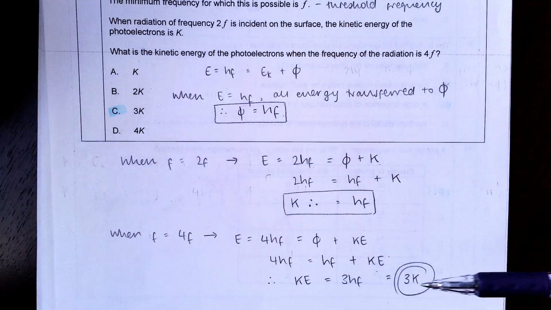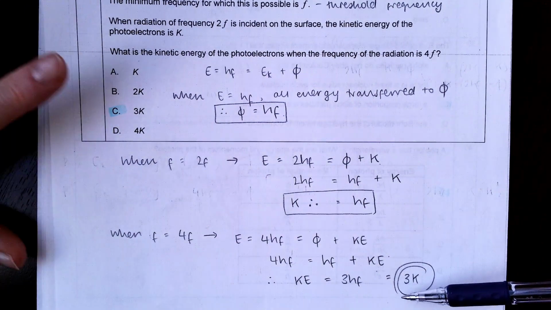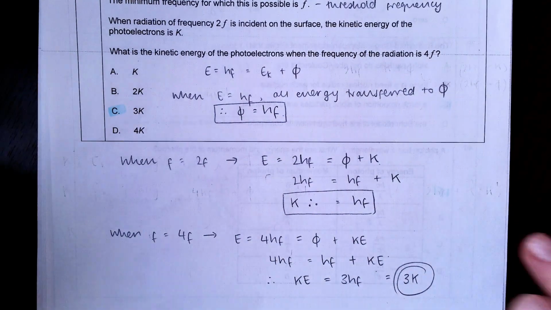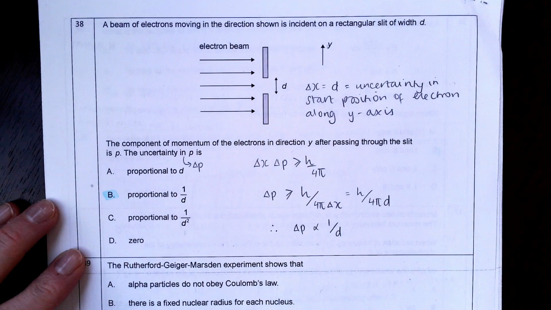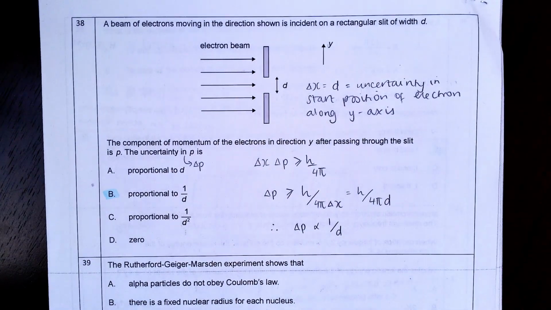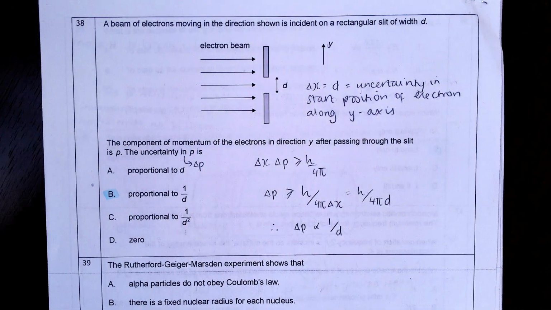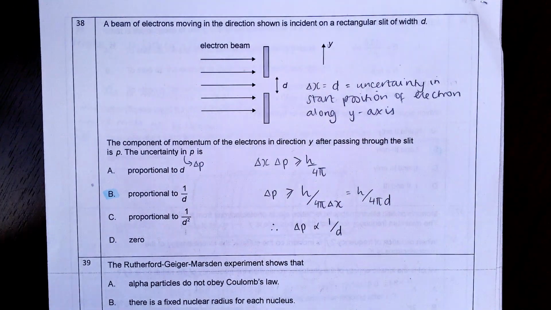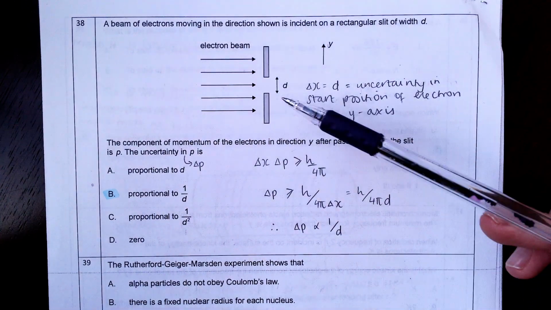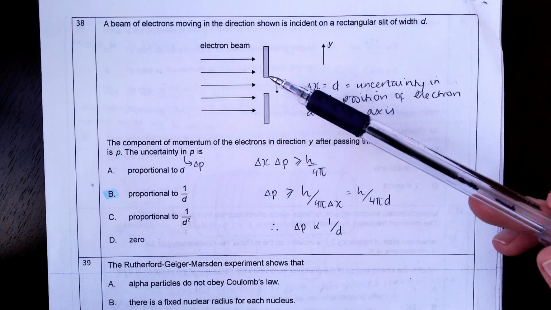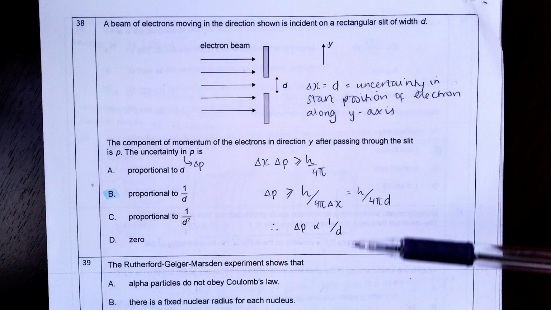Last page, 38. A beam of electrons moving in the direction shown is incident on a rectangular slit of width d. So we've got an electron beam coming from left to right. We've got a slit with width d. So we know that delta x, which is our uncertainty in our position, must be equal to d.